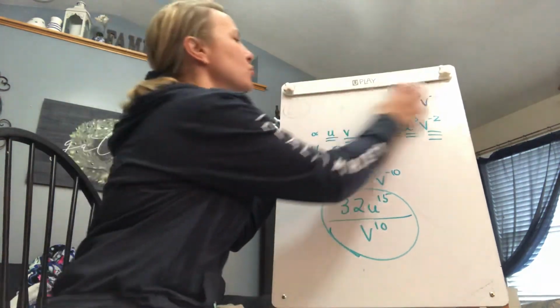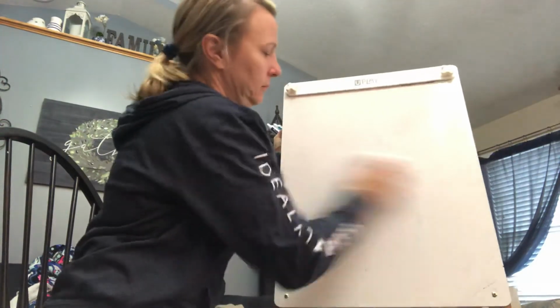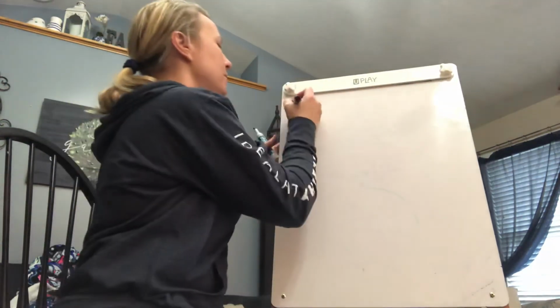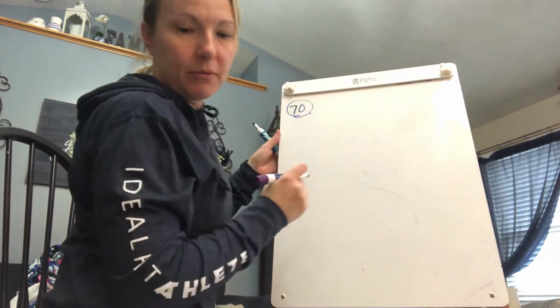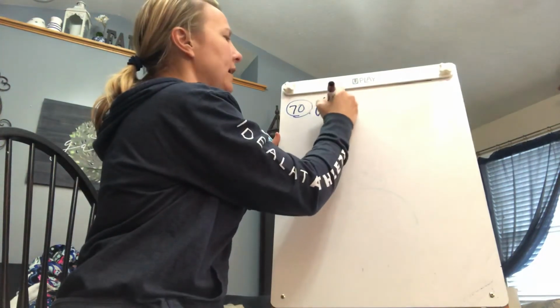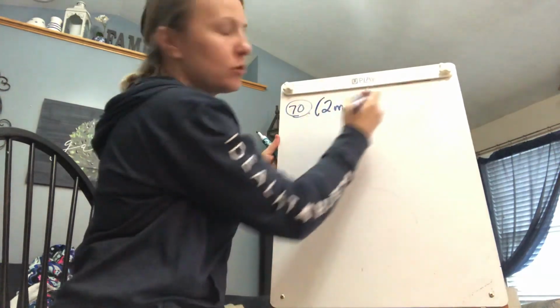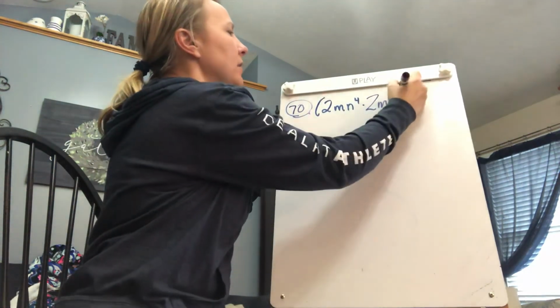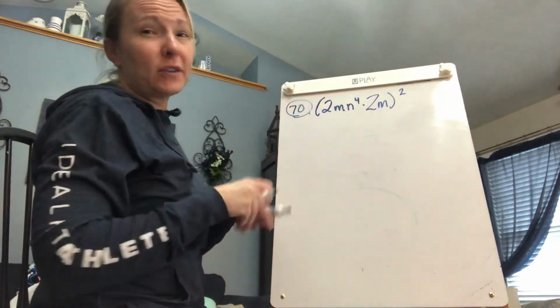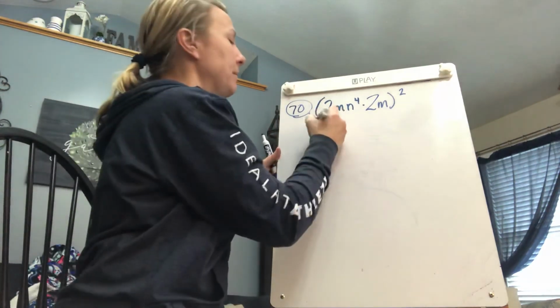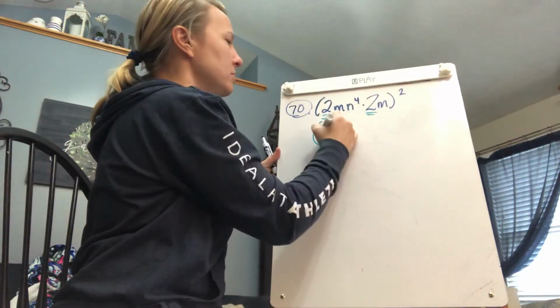Okay, last one. Number 70. Number 70 looks way nicer than the last one. M times 2m squared. I would clean up the inside first. There's lots going on inside those parentheses. So I've got 2 times 2 gives me 4.